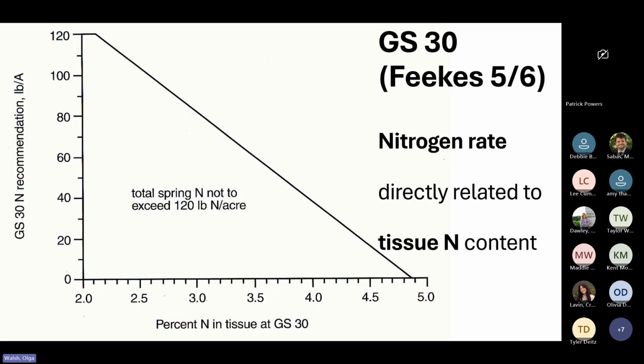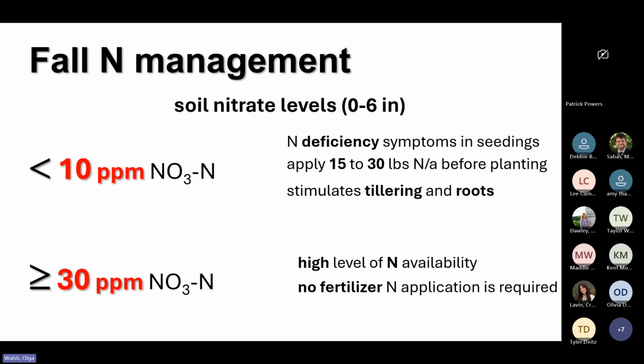And it's not only related to tiller number, but also directly related to the nitrogen rate, and to tissue nitrogen content, or the content of nitrogen in the leaves in the above ground biomass. So you can see that recommendations have to be tailored to our growing conditions, and can dictate the outcome of plant performance.